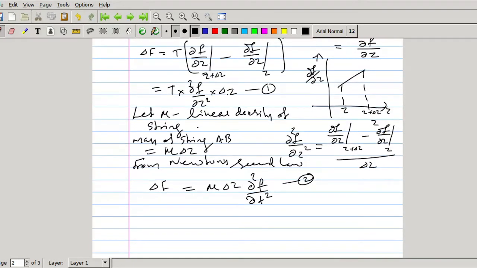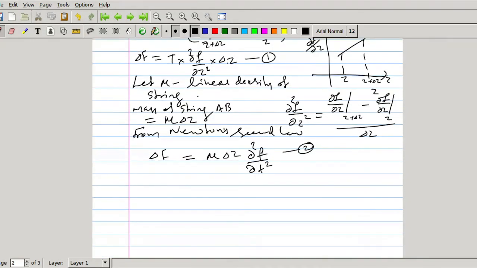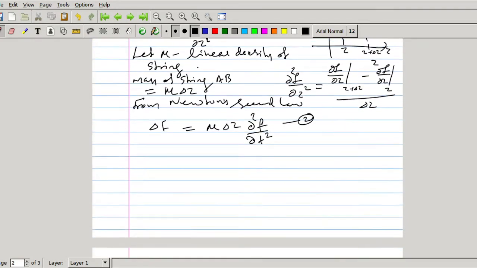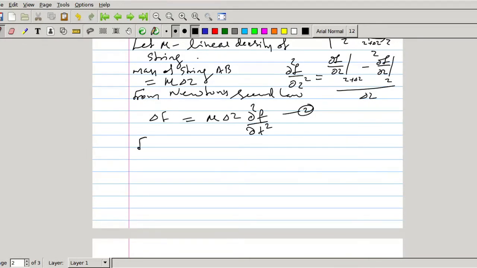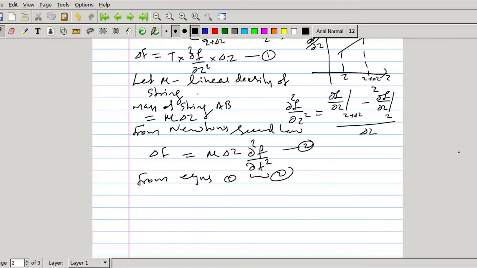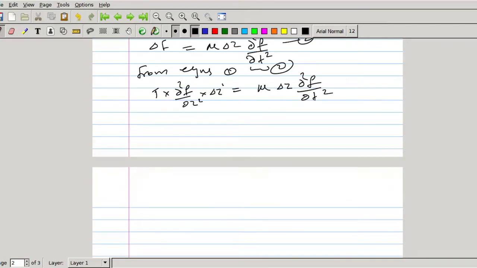From equations 1 and 2, 1 is delta F equal to T into dou square F by dou Z square into delta Z, and 2 is mu delta Z into dou square F by dou T square. So from equations 1 and 2, we can write T into dou square F by dou Z square into delta Z equal to mu delta Z into dou square F by dou T square. This delta Z will get cancelled.